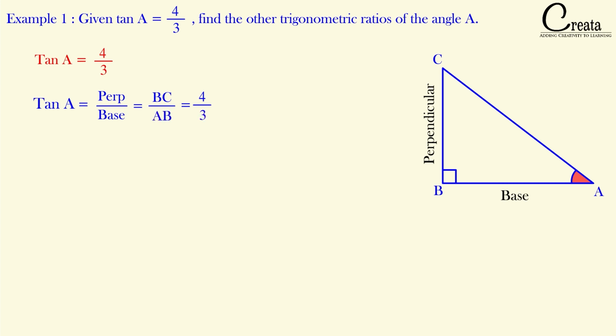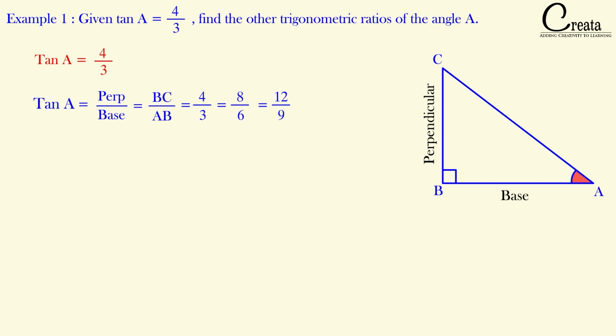Why? Because BC upon AB can also be like 8 upon 6, which on solving will be 4 by 3. In that case, BC will be 8 and AB will be 6. Got it? The ratio is 4:3 or 4 upon 3. We can also say BC upon AB can also be 12 by 9, which on solving will be 4 by 3.